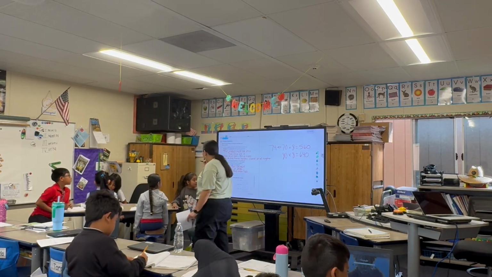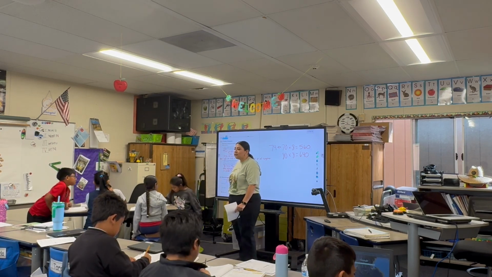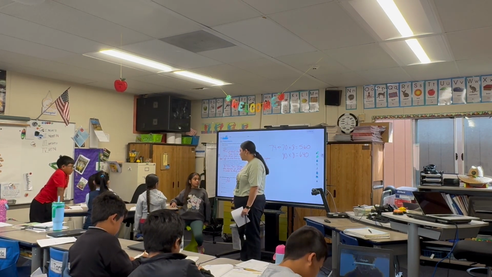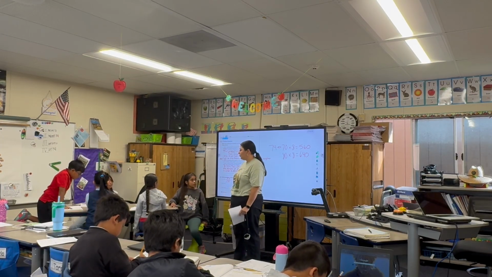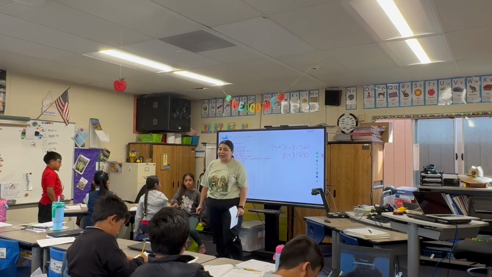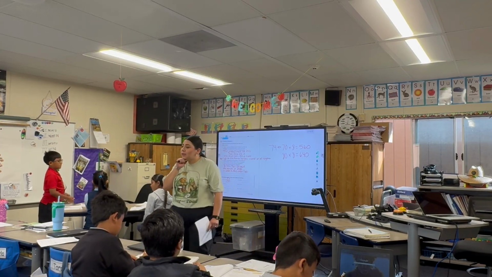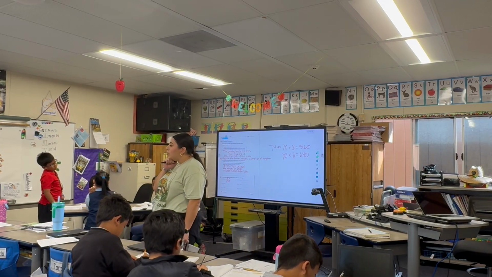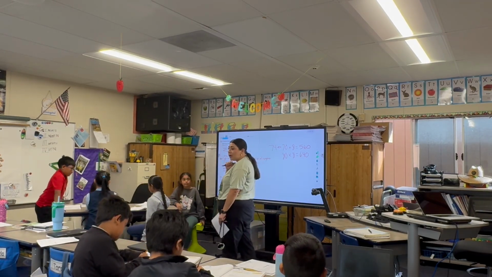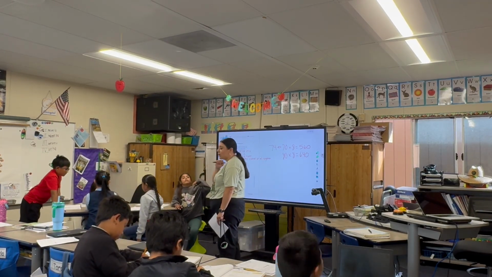What are we rounding the 52 to? I don't think you guys are understanding. When we're rounding or estimating, we have to round one of the numbers. The 52, would we round it up or down, boys and girls?